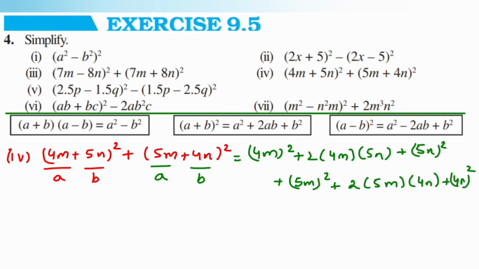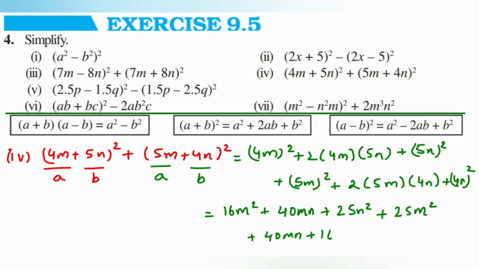So this is equal to, we'll get 16m square plus, so multiply all this, 2 into 4 into 5. So 4 5s are 20, 20 into 2 is 40. So 40mn plus 25n square plus again 25m square plus 40mn plus 16n square.